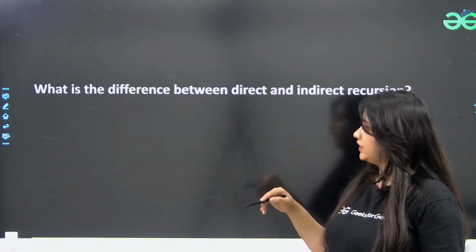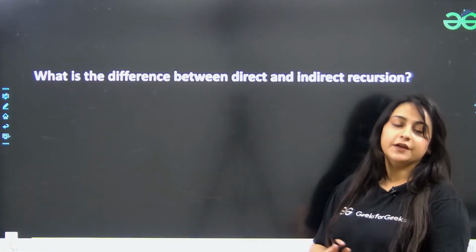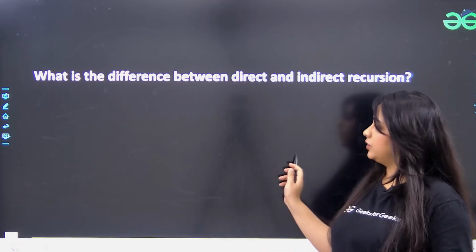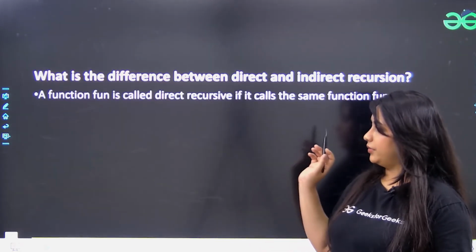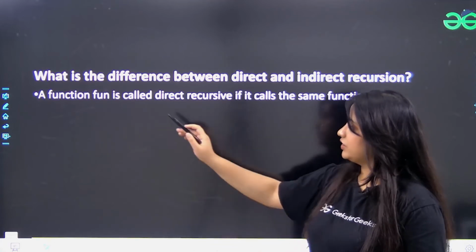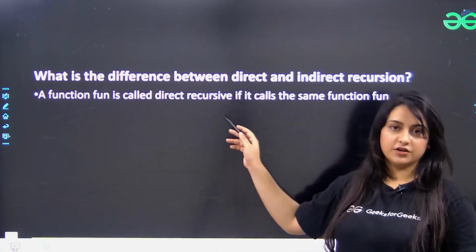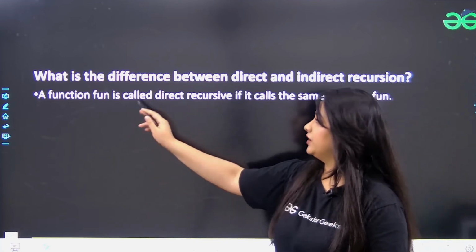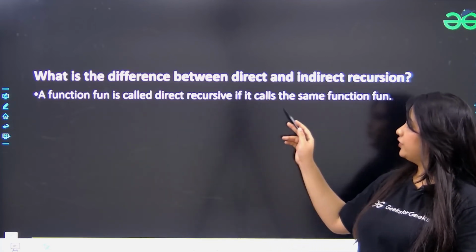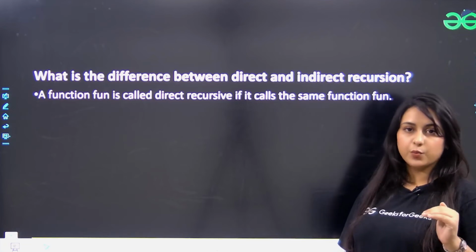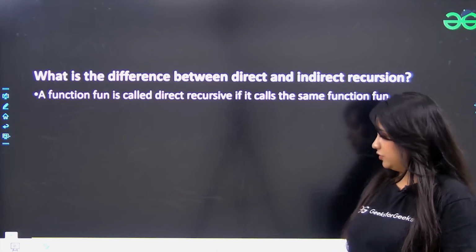Now let's move to the next thing. What is the difference between direct and indirect recursion? I already explained it with an example at the very start, but let's see the example again, okay? A function fun is called a direct recursive function if it calls itself, that is, whenever a function is calling itself in its body, then it is direct recursion.